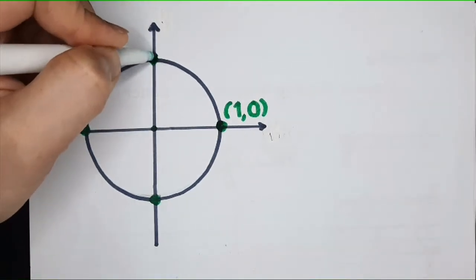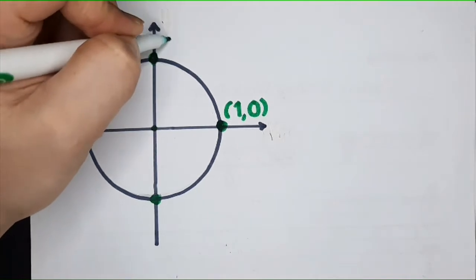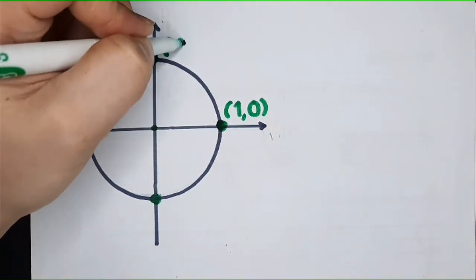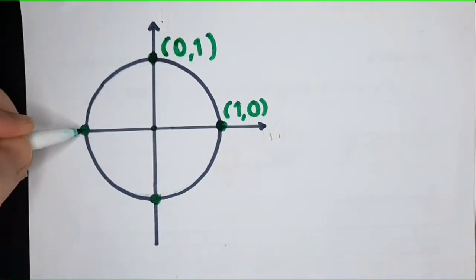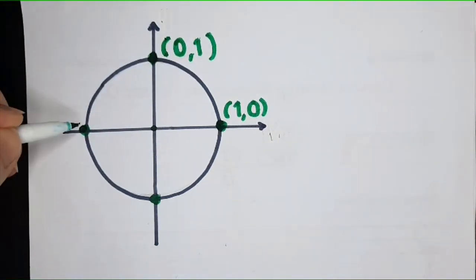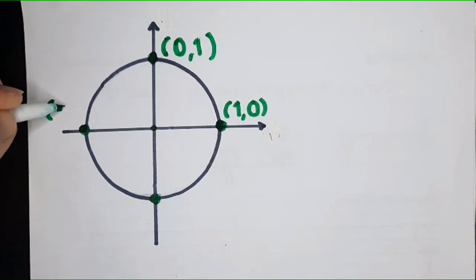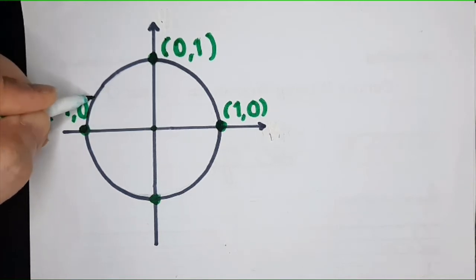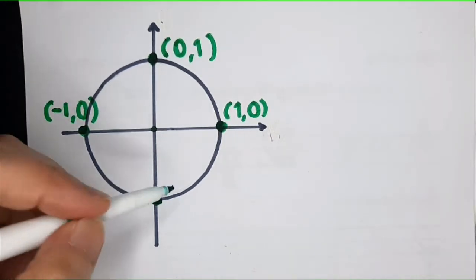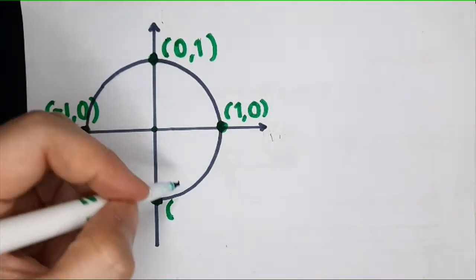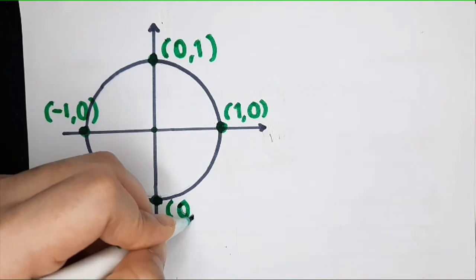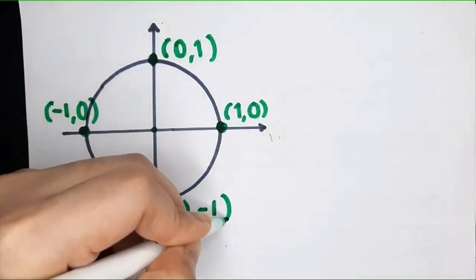What about this point? This one is 0, 1, right? What about this point? This one is negative 1, 0. And what about this point? This point corresponds to 0, negative 1.